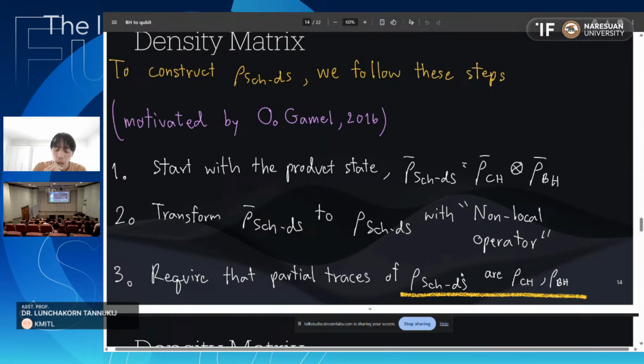Now, one thing that I have to mention is that when we transform this density matrix from something to something else, the partial traces of the transformed density matrix give you different results. So the partial trace is somehow not, what's the word, covariant with this transformation.